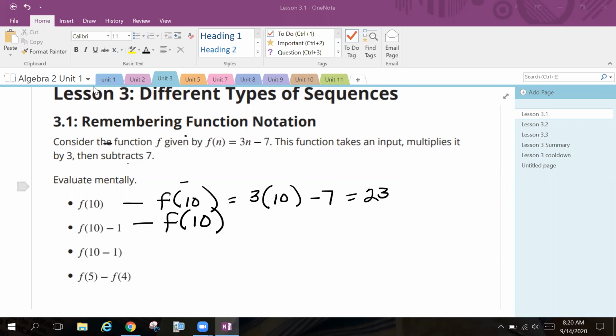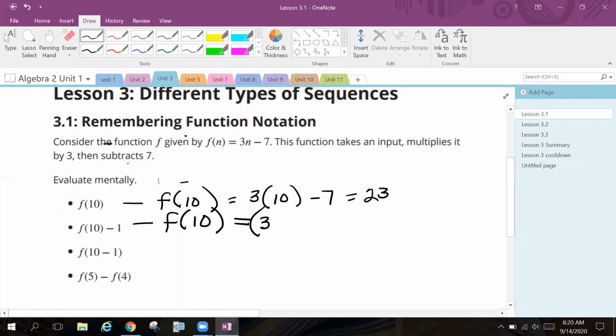So we had this function. Let me go back because I need to erase this.